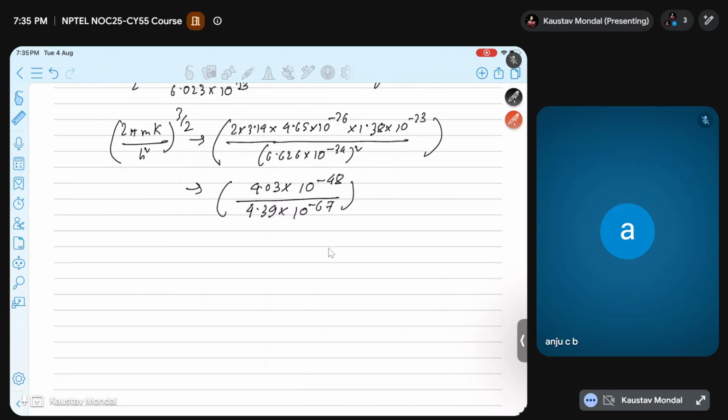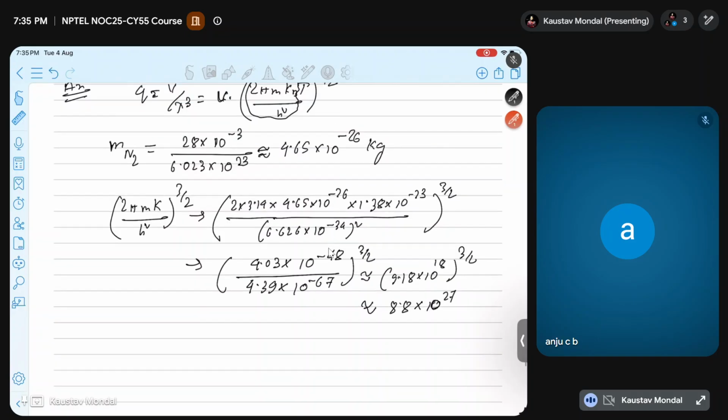So the ratio is approximately 9.18 into 10 to the power 18, and to the power 3 by 2 that is roughly 8.8 into 10 to the power 27. So this is the value of this particular constant.